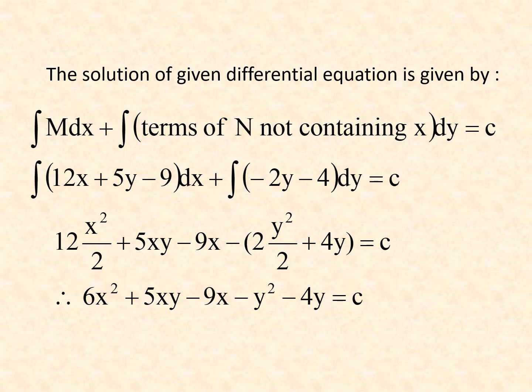Here 2 sixes are 12, so 6; similarly the 2 gets cancelled. The leftover is 6x square plus 5xy minus 9x. Apply the negative term to this bracket: minus y square, here the 2 anyhow gets cancelled. Plus into minus gives minus y square, minus into plus gives minus 4y, equals c.